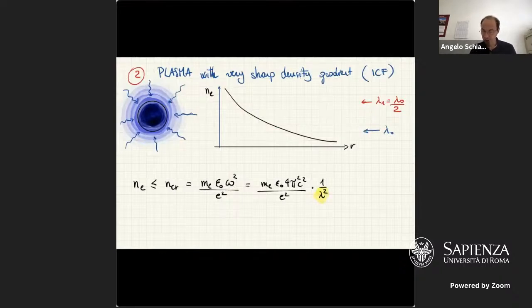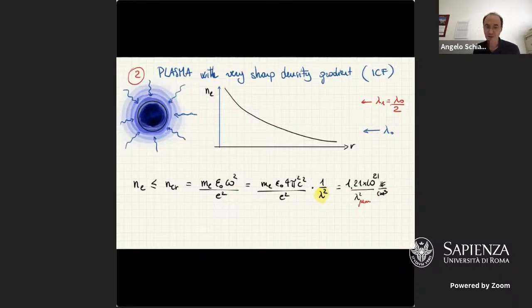And if you remember, this critical density we wrote as 1.21 times 10 to the 21 electrons per cubic centimeter divided by lambda squared in microns. Okay, an easy number to remember for those of us who are working with plasma physics.